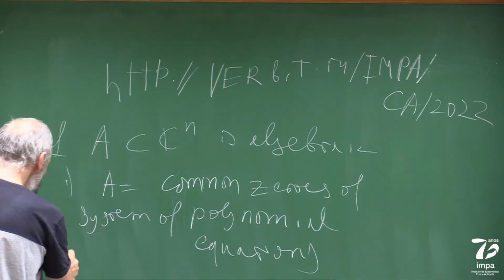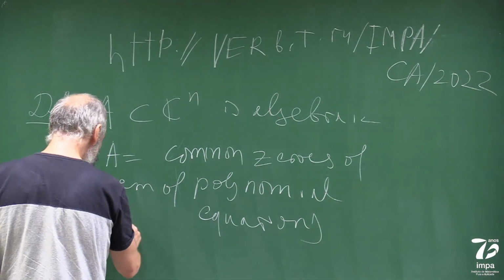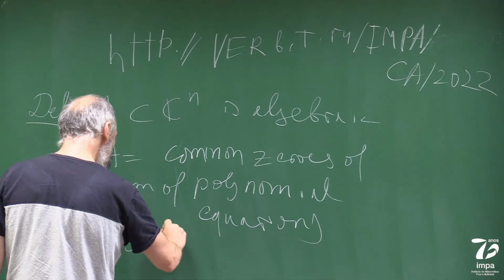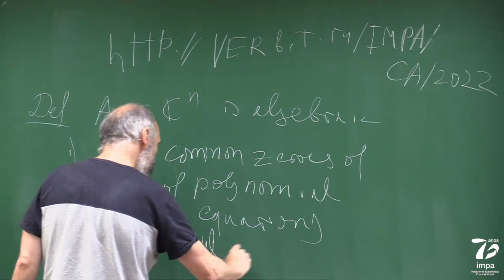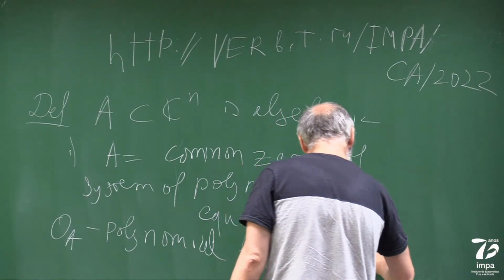And now we are considering the ring of A. This is polynomial functions on A.